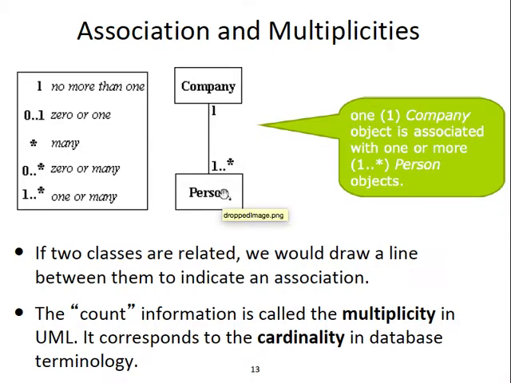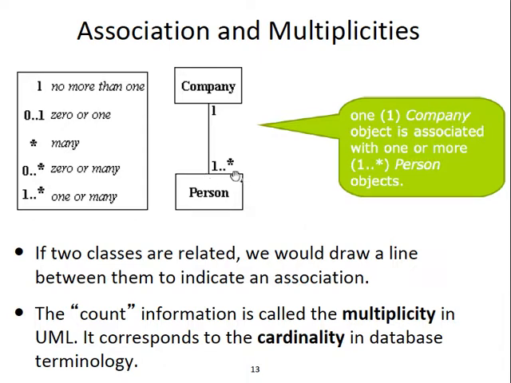So this means a person only works for one company. By going there, there's a 1 here to mean each person can only have one company. But when you follow it to this end, you see that a company can have 1 or any number of persons.